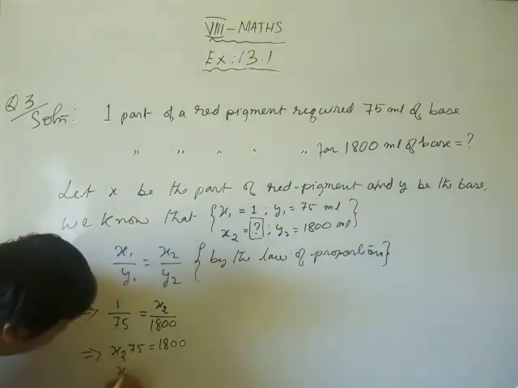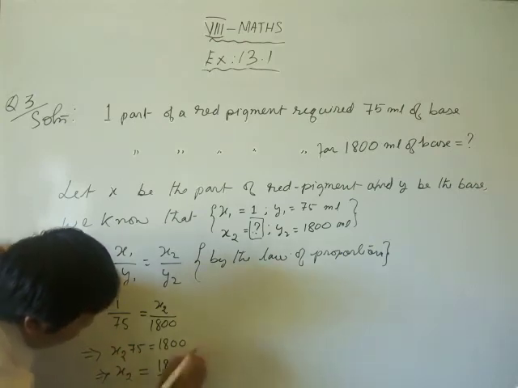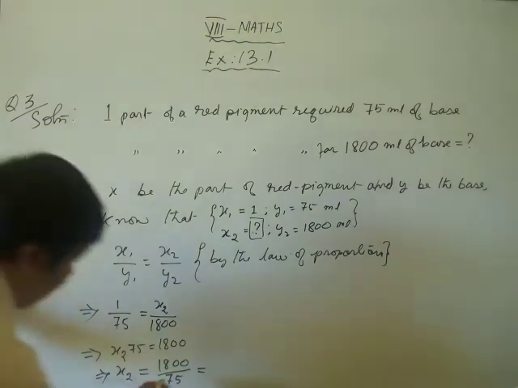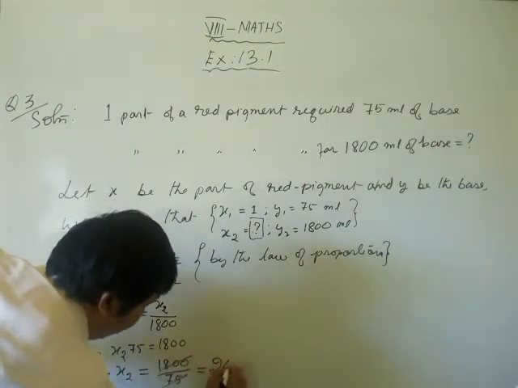Therefore, x2 equals 1800 divided by 75. How much is that? Find out. Go ahead, 24.